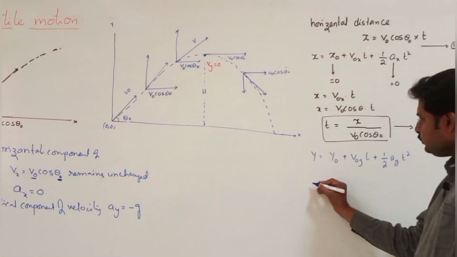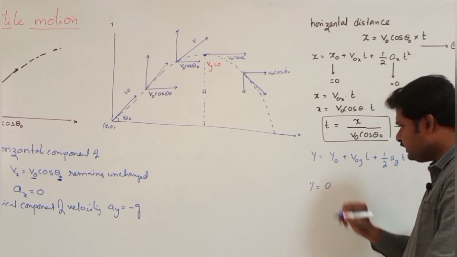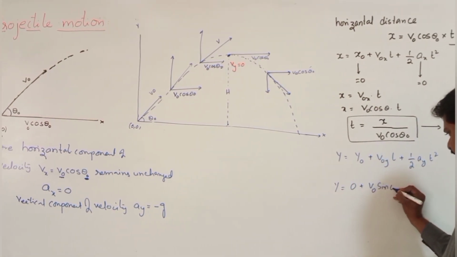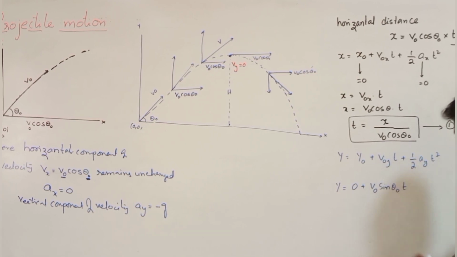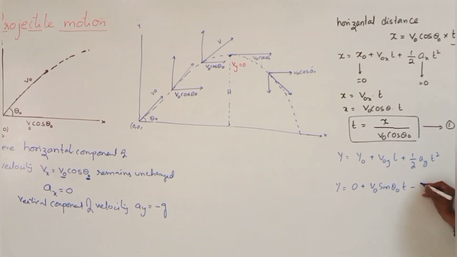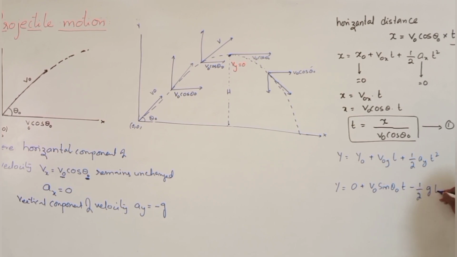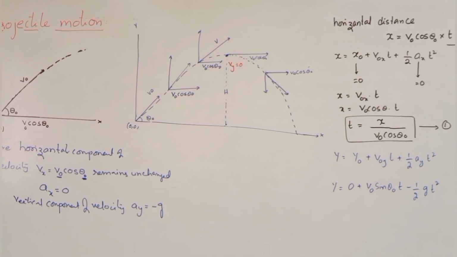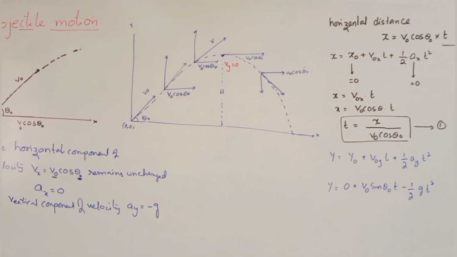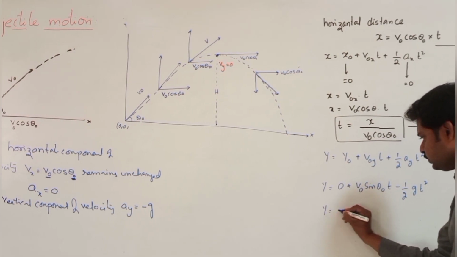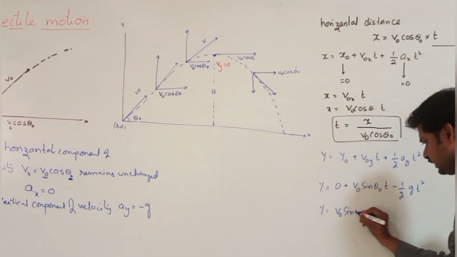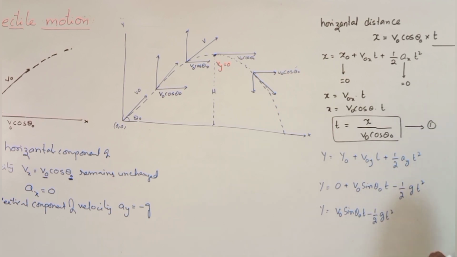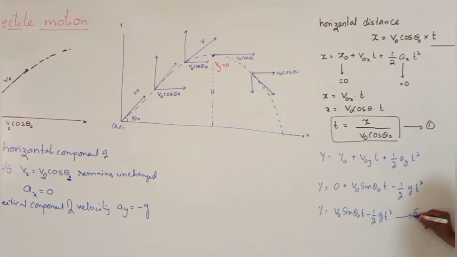Now y is equal to y naught, which is 0, plus V naught sin theta naught, the vertical component, into t minus half g t square. a y is equal to minus g, I have substituted. Of course, y is equal to V naught sin theta naught t minus half g t square, equation number 2.